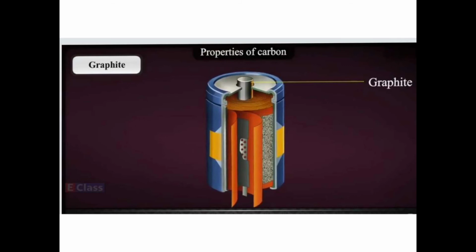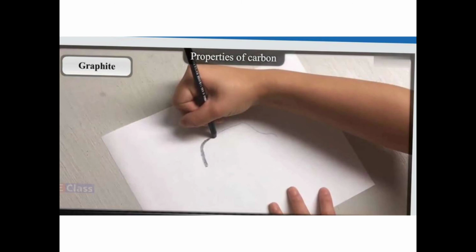Then it is used in making carbon electrodes. So these are the carbon electrodes, right? For making the carbon electrode, this is used. Then pencil is used for writing. Then graphite is used in paint and polish.